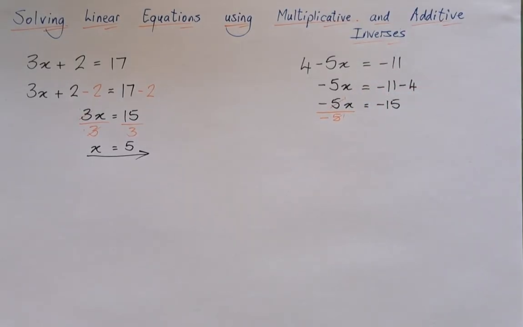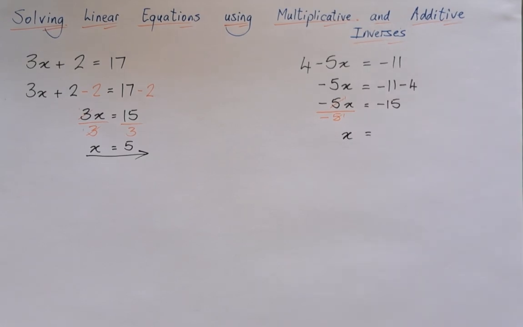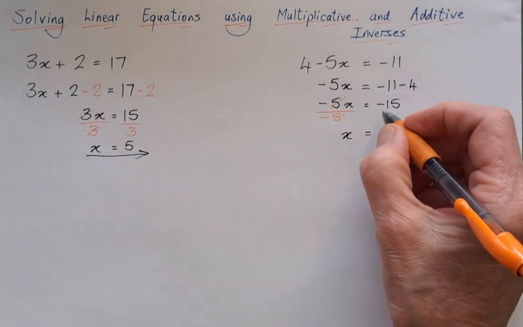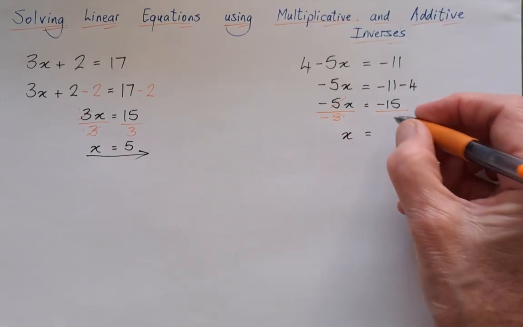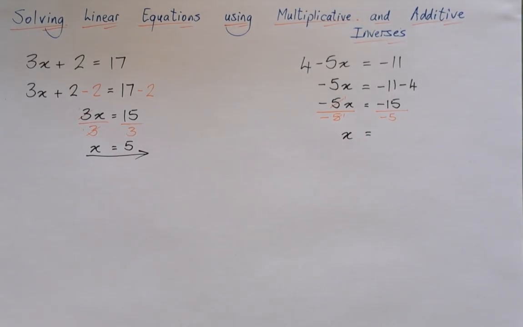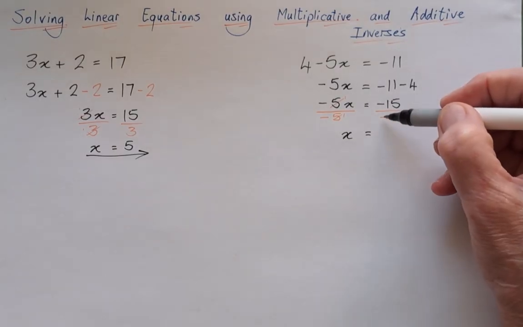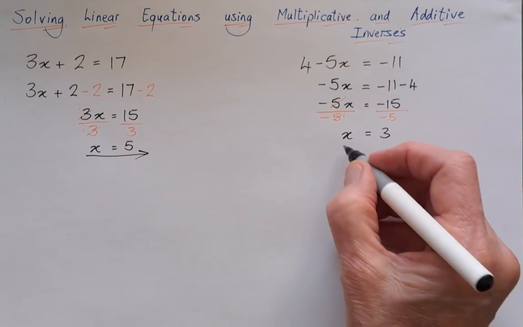So I'm just left with x. And then whatever we did to the left-hand side, we also have to do to the right-hand side. Exactly the same thing, not divide by 5, but divide by negative 5. And again, negative divided by negative is positive, and 15 divided by 5 is 3.